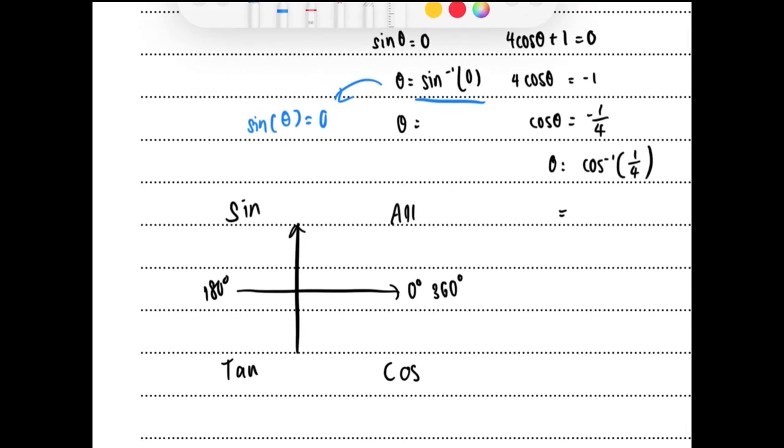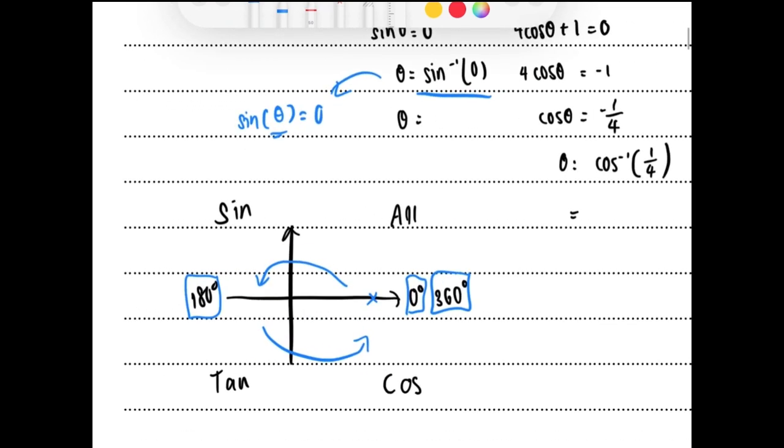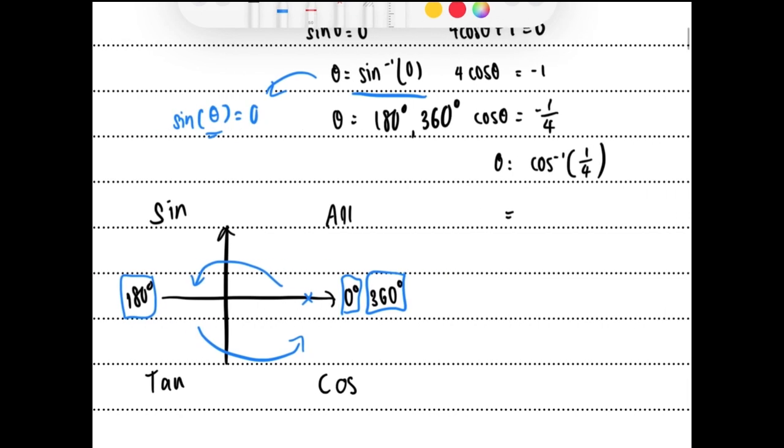So what angle will give you 0 when you put in the angle at sine? Obviously when you put in 0, you're going to get 0. That's what it shows on the calculator as well. However, if you key in 180, it's going to give you 0, and if you go a full loop and put 360, you're going to get 0 again. So over here, you can put in 180, 360.